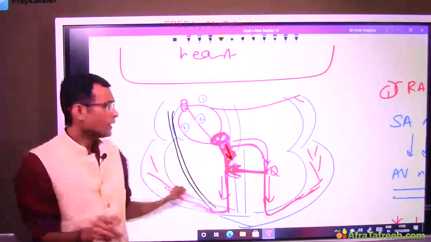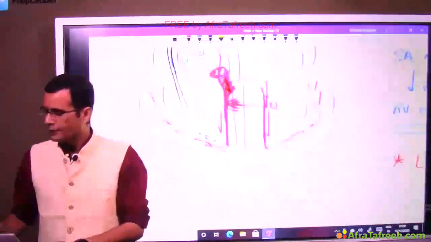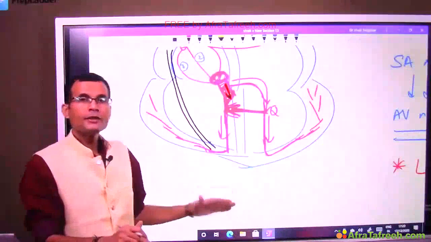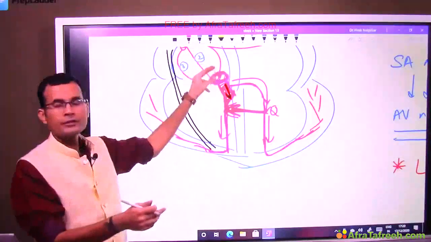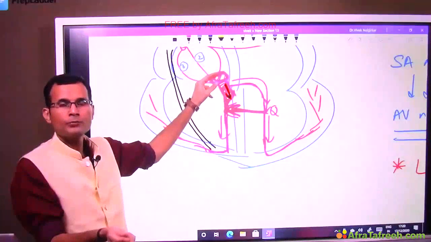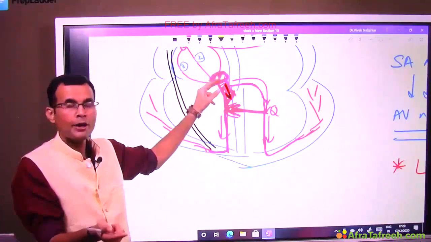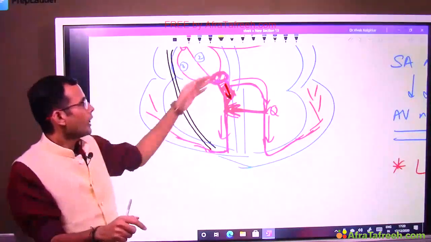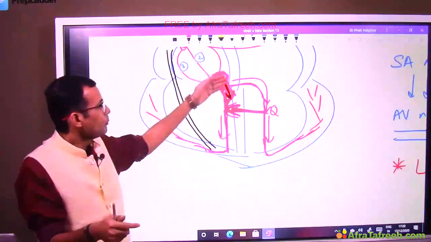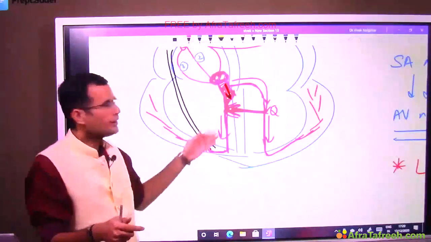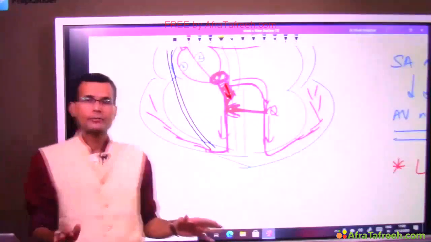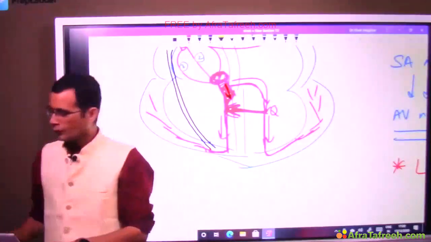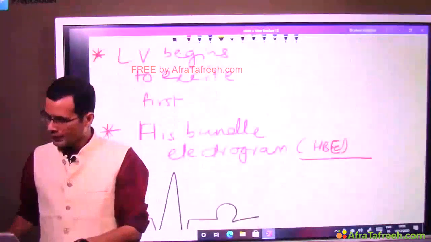Now, as I said, the block may be above the His bundle, meaning in the AV node, or it may be below the His bundle, meaning in the bundle branches. To differentiate between this, we have to record the His bundle electrogram.